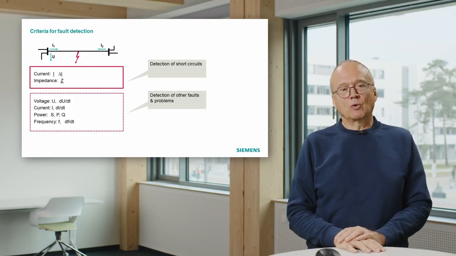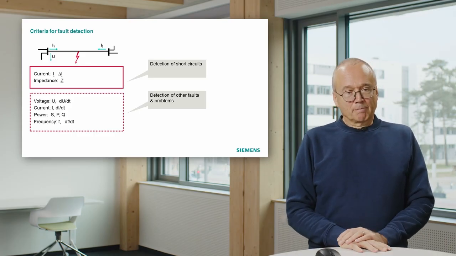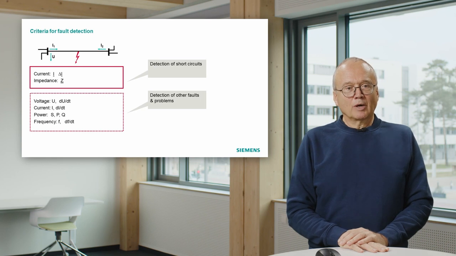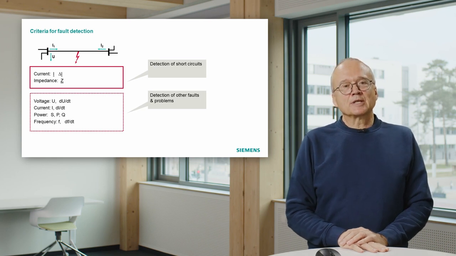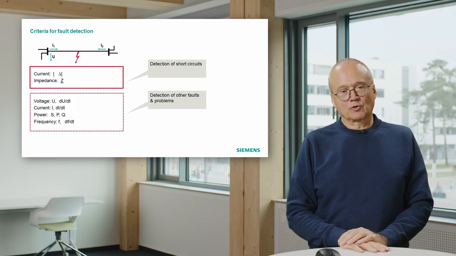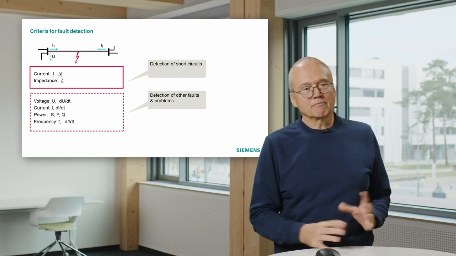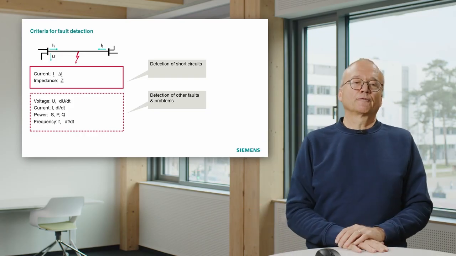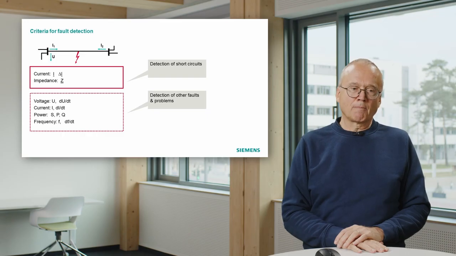We can measure the power, apparent power or real power, and also the frequency is used as a criterion, and also the rate of change of frequency. The frequency, for instance, is often used for load shedding.